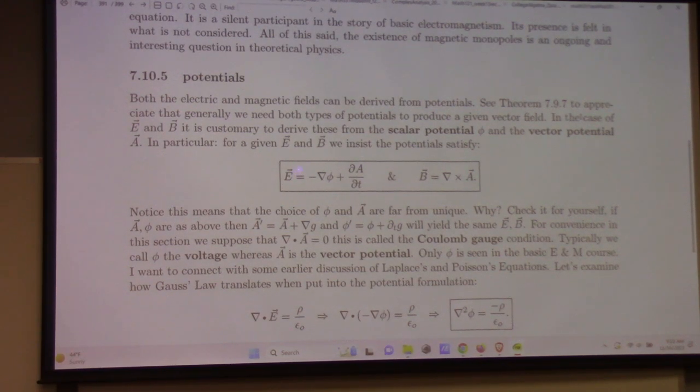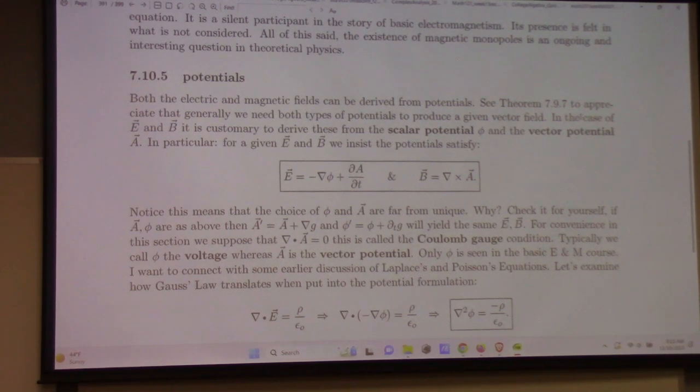The interesting thing with the voltage is that there's not a unique choice. The magnetic field and the electric field are physical and uniquely given, but there's flexibility in what you can define to be the potentials. You could change these a bit.